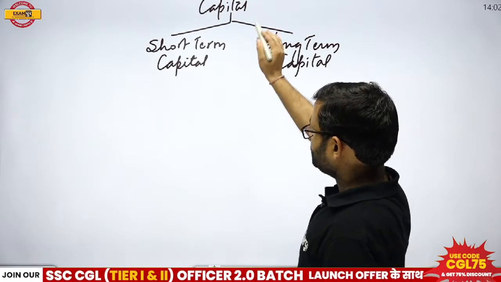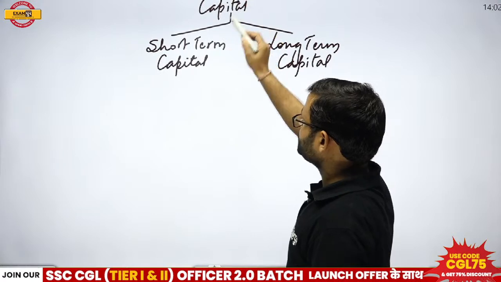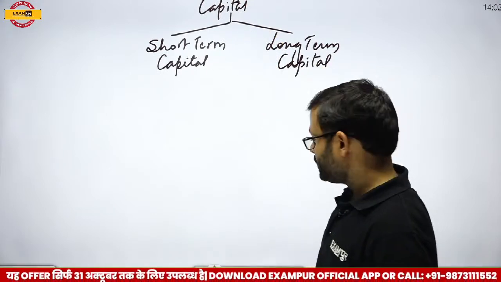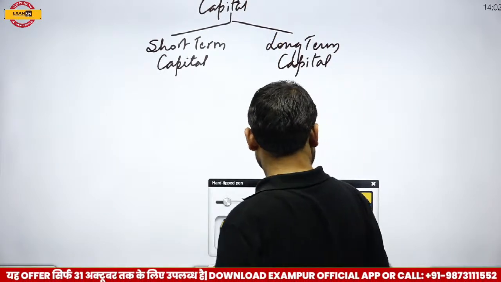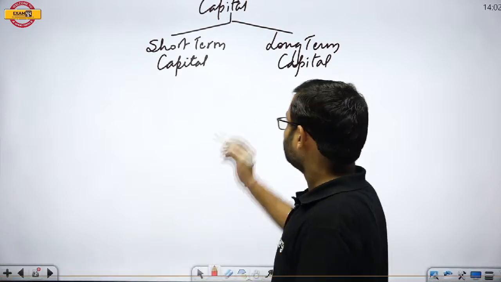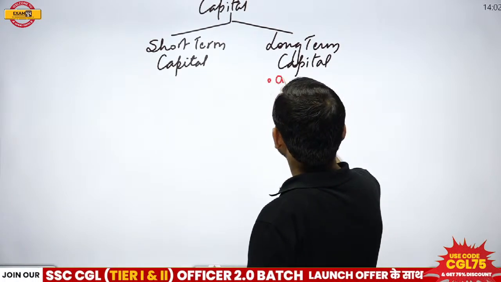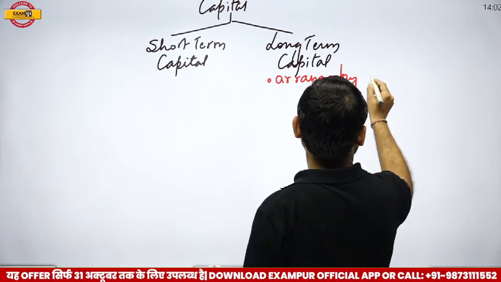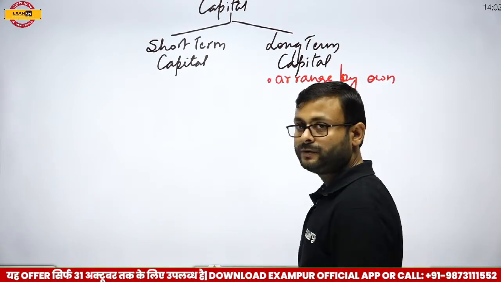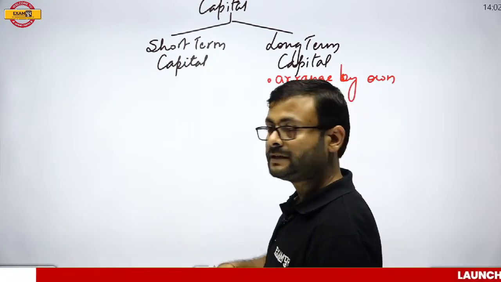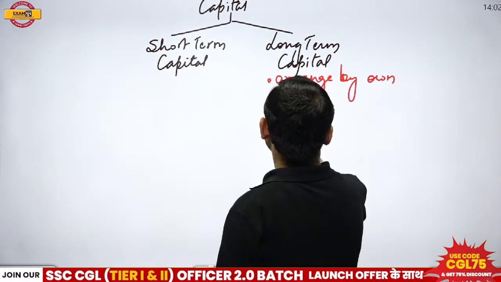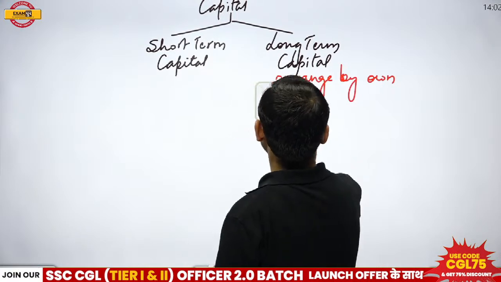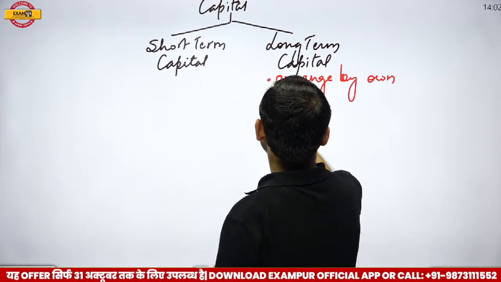Okay, so there are two types of capital. One is short term capital and one is long term capital. So what are the methods to arrange this capital? You can arrange by your own methods, and you can go for a bank loan.